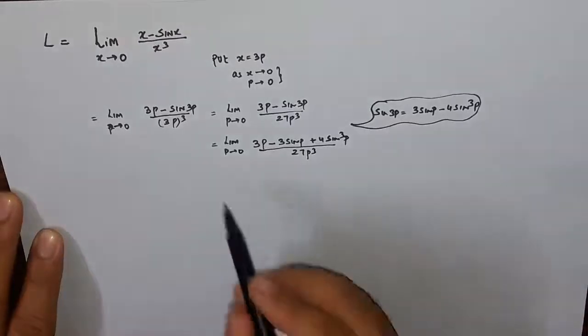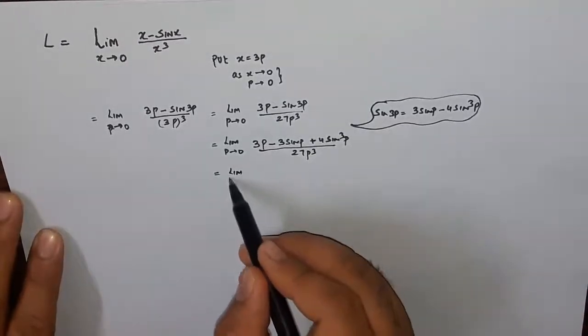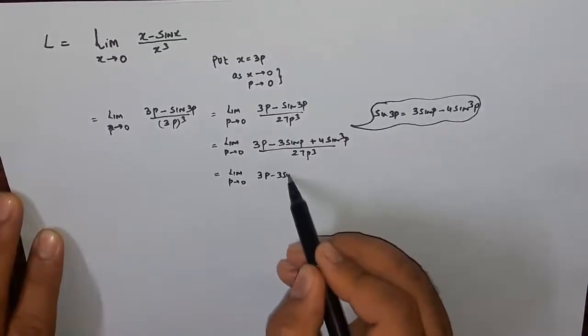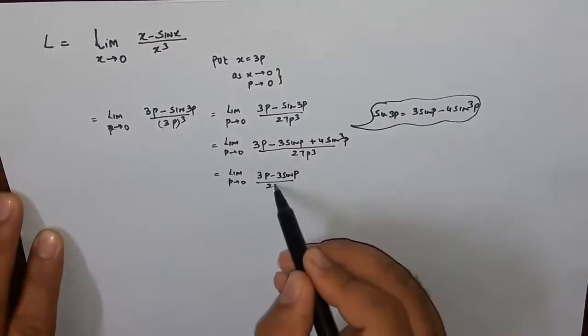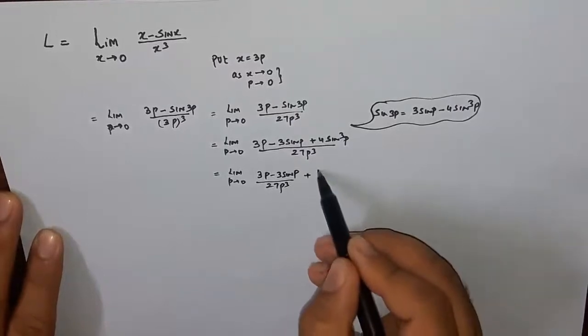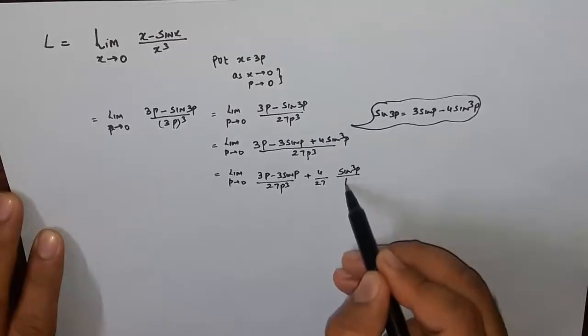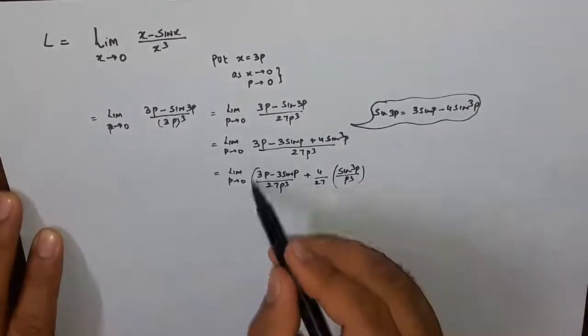So let us segregate these terms as (3p minus 3 sin p) upon 27 p cube, and 4 by 27 sin cube p upon p cube, right?